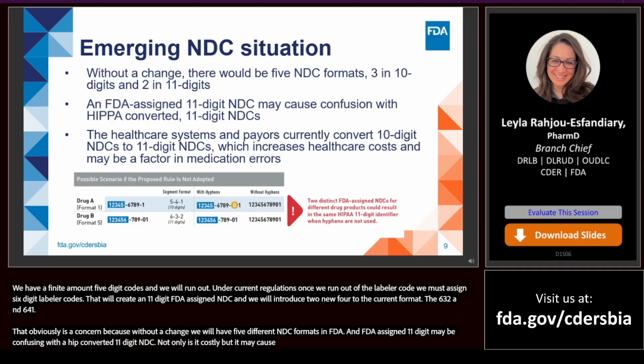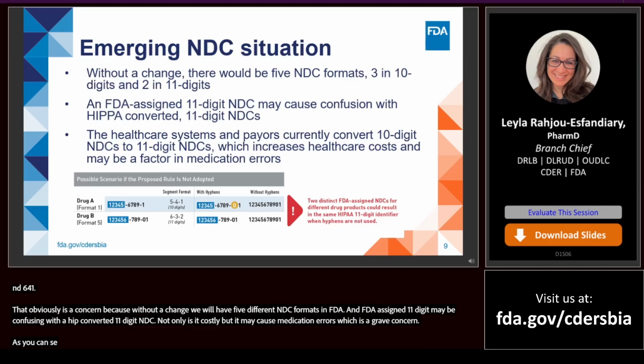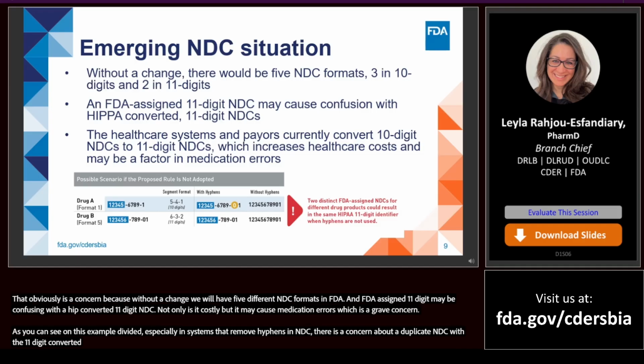And as you can see on this example provided, especially in systems that remove hyphens in NDC, there is a concern about a duplicate NDC between the 11-digit converted HIPAA format and the new FDA-assigned 11-digit NDCs.